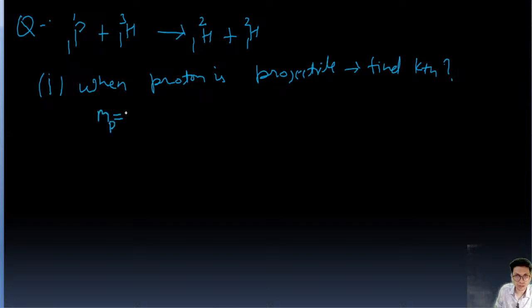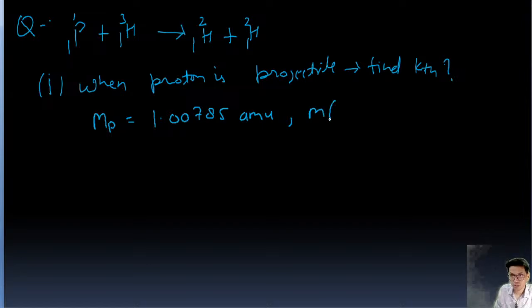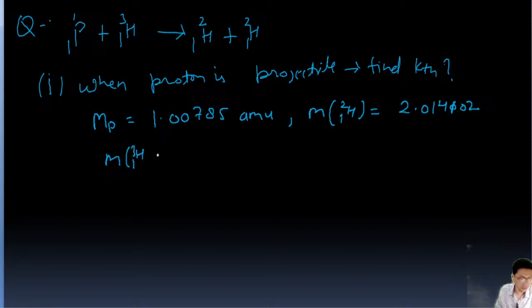Mass of proton MP is 1.00785 AMU, mass of deuterium 1H2 is 2.014102, and mass of 1H3, tritium, is 3.016049 AMU. Those are in atomic mass units.